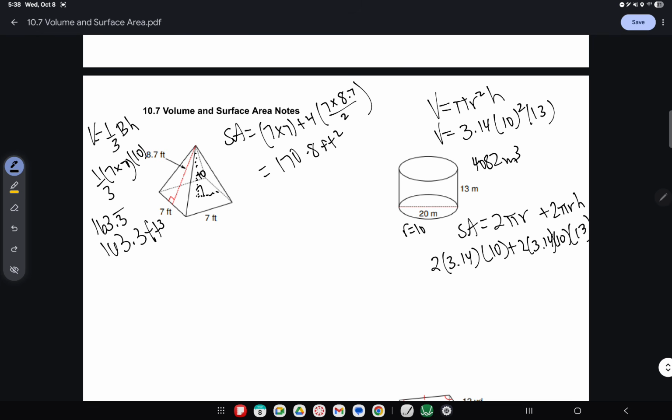So 2 times 3.14 times 10 plus 2 times 3.14 times 10 times 13. And so I get 879.2 meters squared.